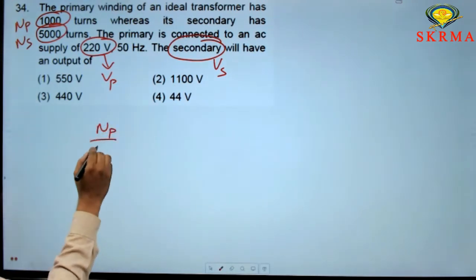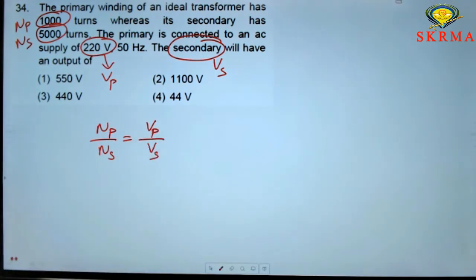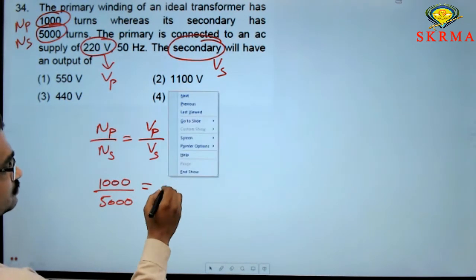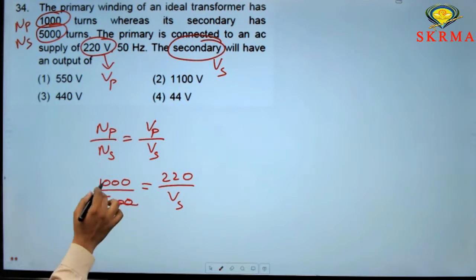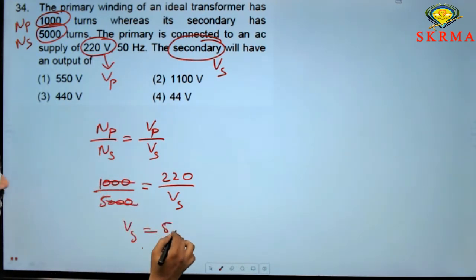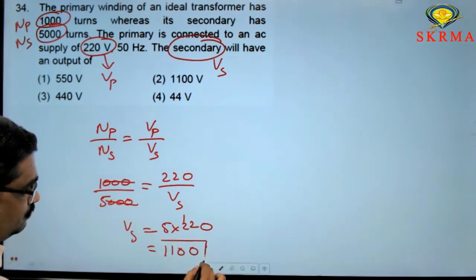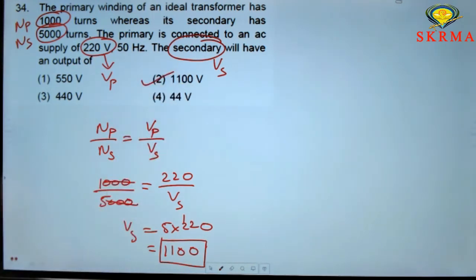Number of turns in primary by number of turns in secondary equals voltage across primary coil by voltage across secondary coil. 1000 by 5000 equals 220 by voltage in secondary. Now cancel similar terms. Then V secondary equals 5 into 220, which is 1100. Second option.